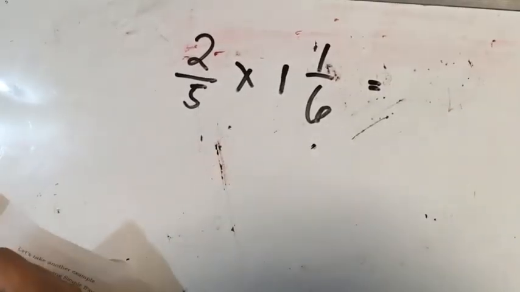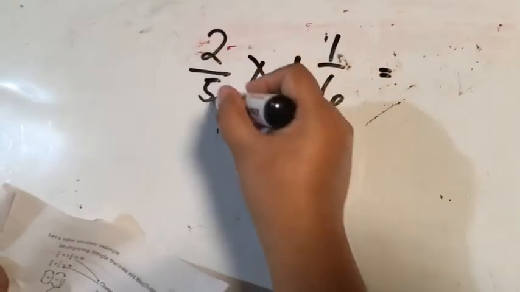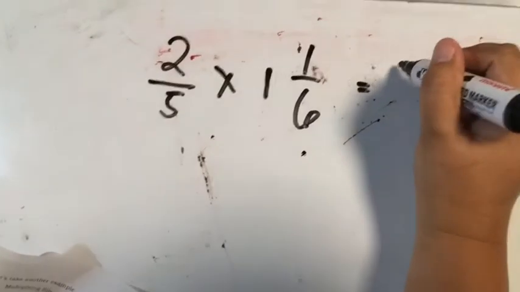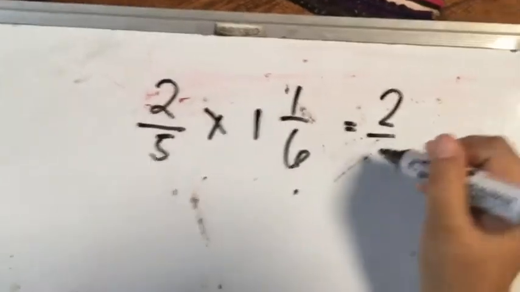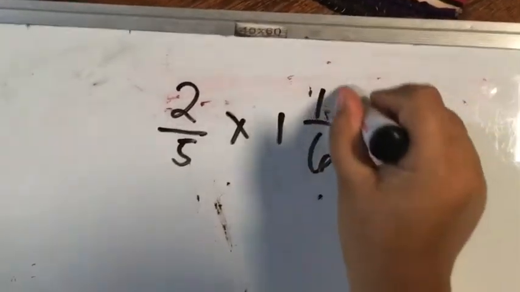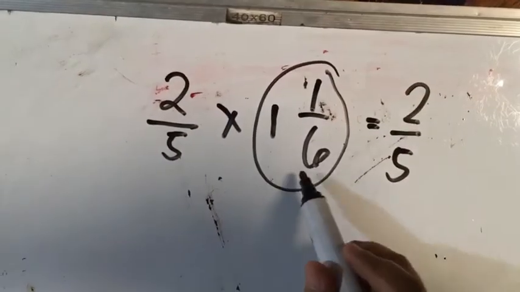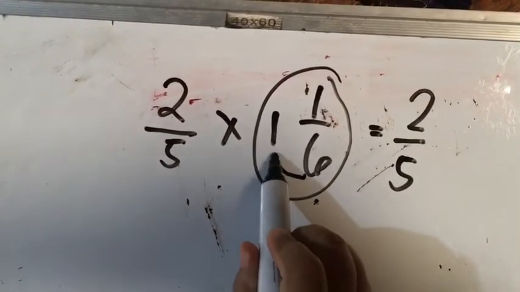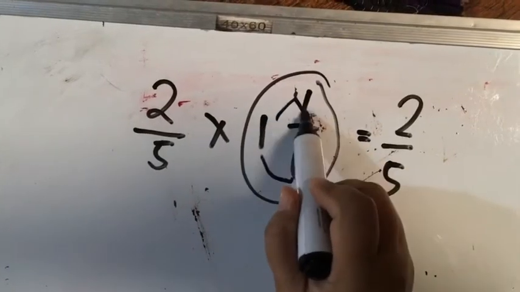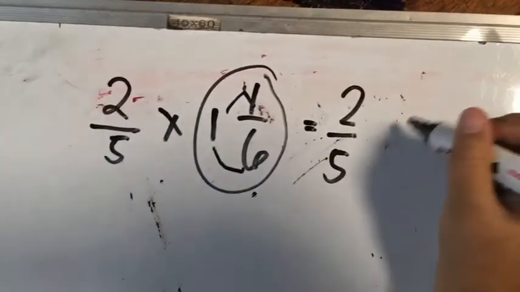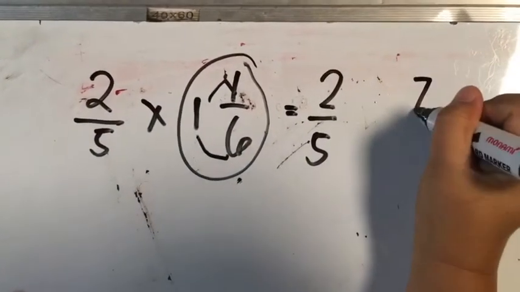Okay, let's copy 2/5. The first fraction, you just copy because it's proper. And change this into improper. So you multiply 6 times 1 plus 1, so it will give you 7.